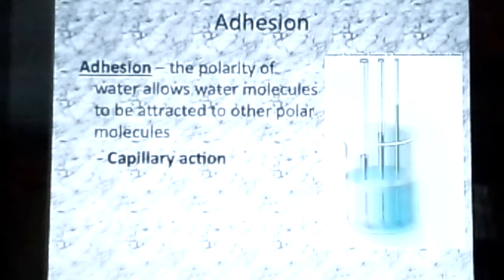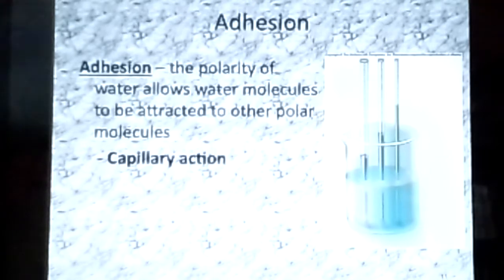It's the attraction between water and other polar molecules. Again, you have the hydrogen bonds of water and whatever polar material you're looking at. This could be a paper towel. This is why when you put a paper towel in water, the water is attracted to it and attaches to the polar portions of the paper.